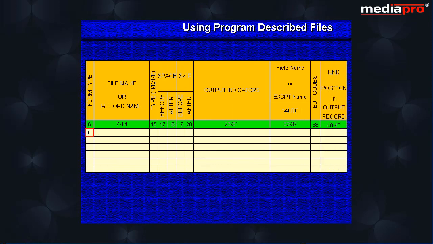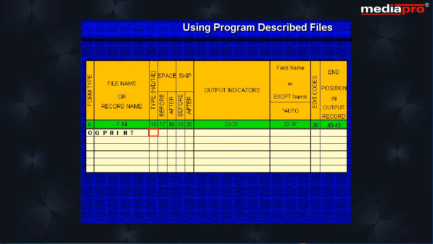We will have one line of output specifications for each of the record formats that will identify the records. Positions 7 to 14 are used to specify the file name with which this record is associated. You do not have to repeat the file name entry on subsequent record format specifications for the same file.